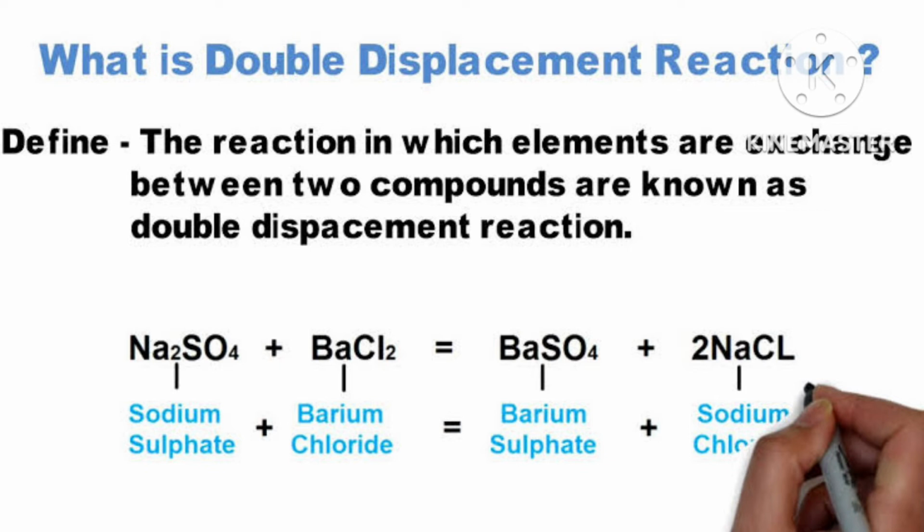But if you calculate the oxidation state, you will find that the oxidation state is different. They are giving 2 or 3 products of sulfur only, or of phosphorus, but you will find that the oxidation number, or oxidation state, is different.